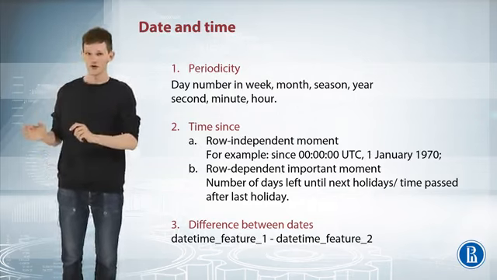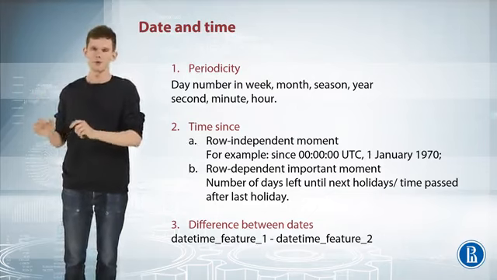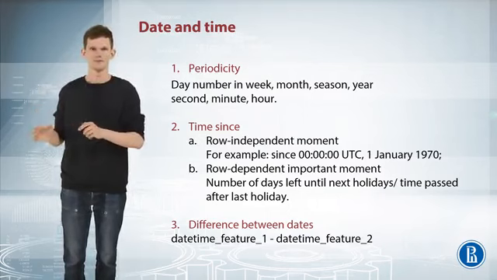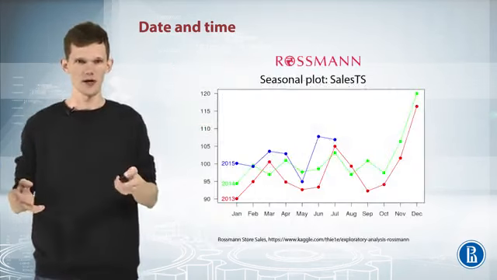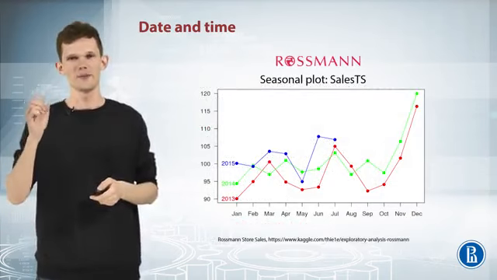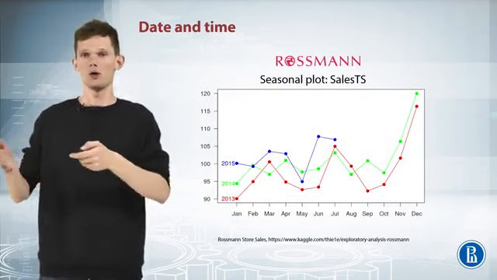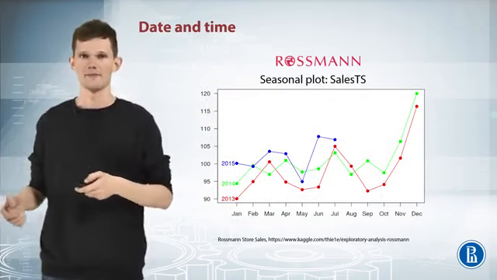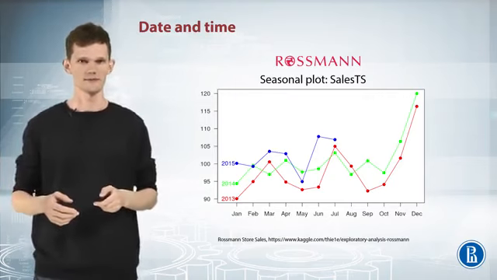As the second variant of time since a particular event, that date will depend on the sample we are calculating this for. For example, if we are to predict sales in a shop, like in the Rossmann store sales competition, we can add the number of days passed since the last holiday, weekend, or since the last sales campaign. Or maybe the number of days left to these events.